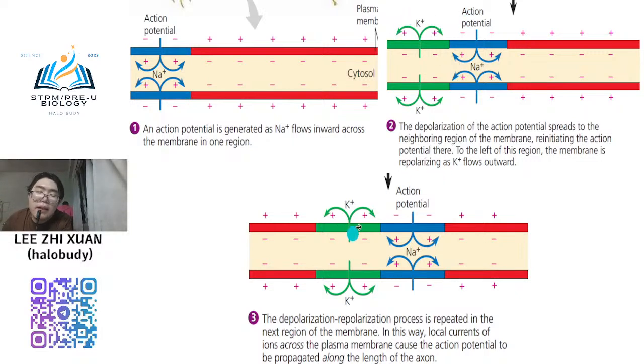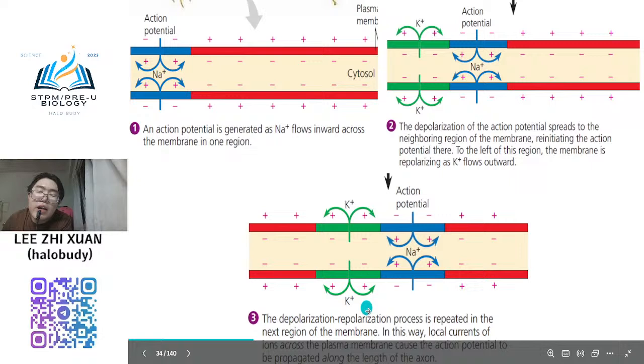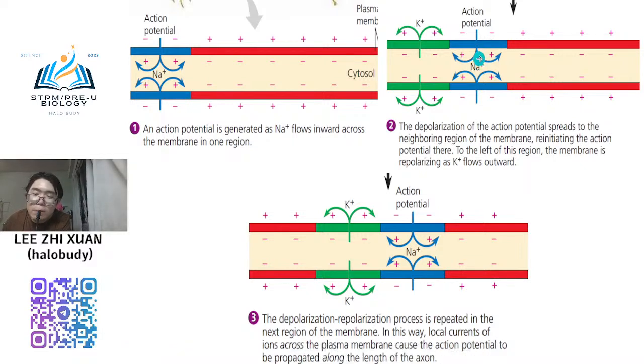After that, this depolarization and repolarization process is repeated. Here is the depolarization process, right? Once it has had the action potential, it will enter the repolarization process.